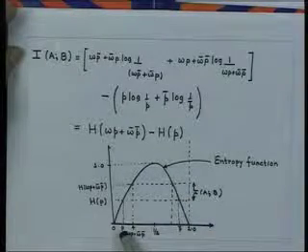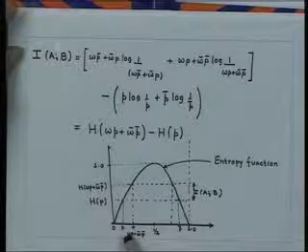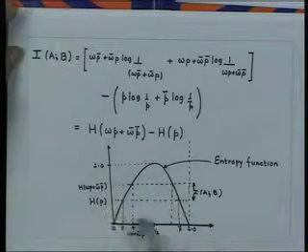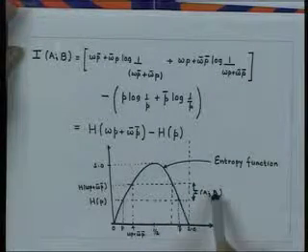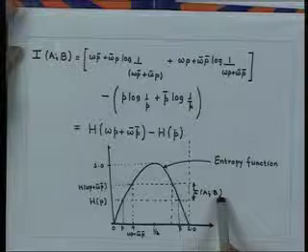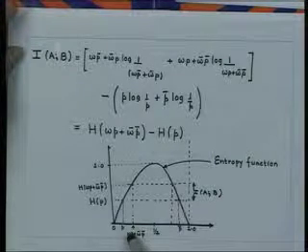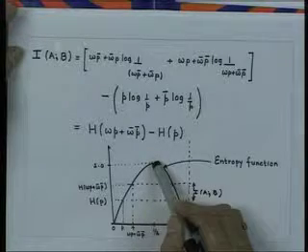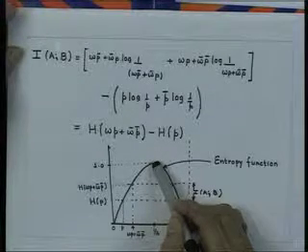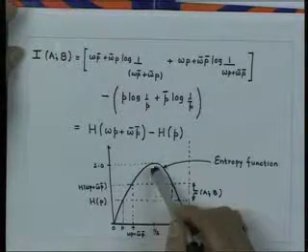For example, for a fixed value of P, we may vary ω and examine the behavior of I(A;B). We see that I(A;B) achieves its maximum when ω is equal to half, and the value of this maximum will be equal to 1 minus H(P).